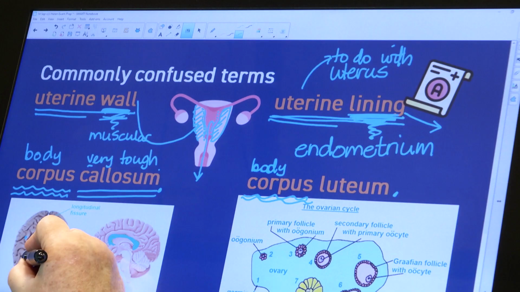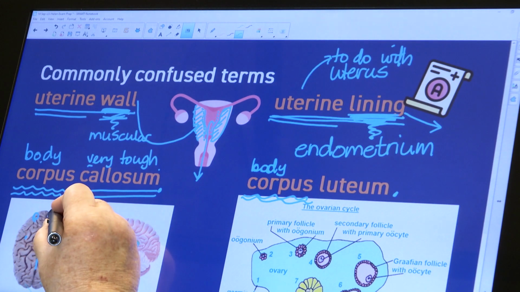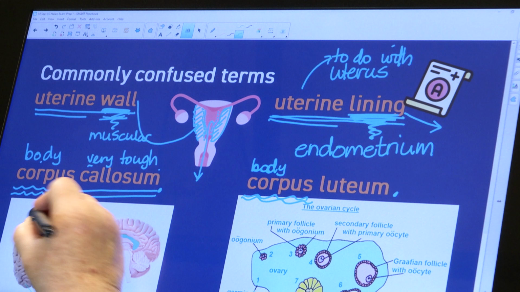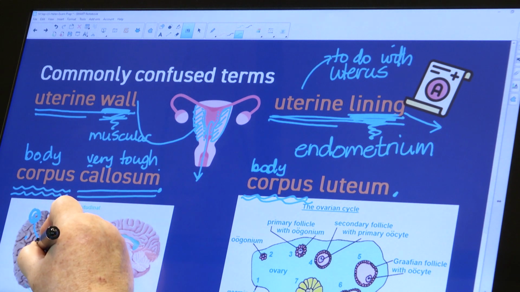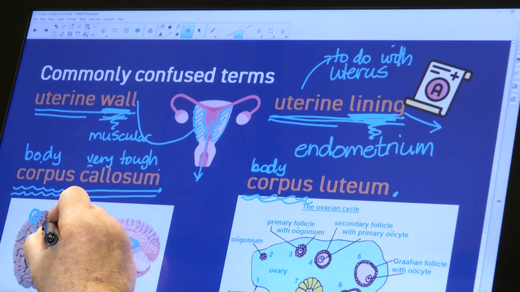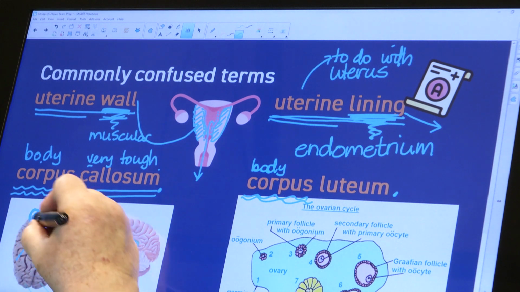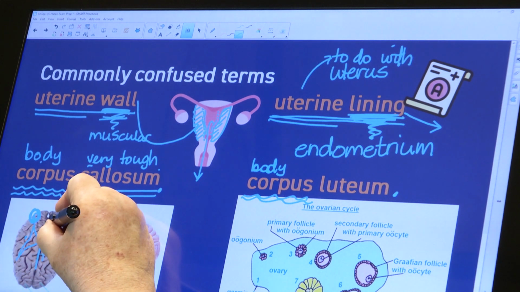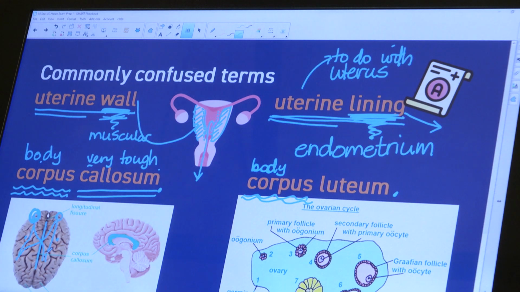So it's like really tough tissue that holds the two sides of the brain and keeps them together. And in fact, nerves from, for example, your left eye cross over the corpus callosum to the right side of the brain, and we see that information from the left side of the body gets fed to the right side of the brain.